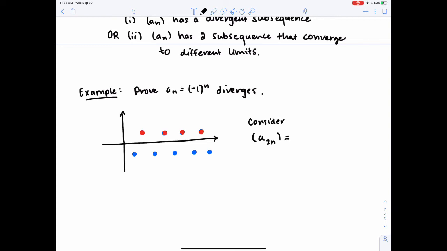So that's going to give me all of the values like a_2, a_4, a_6, a_8. But those values are exactly the ones that come out as positive 1. And so then I'm also going to consider the odd subscripts, and those are going to be all the ones that evaluate to -1.